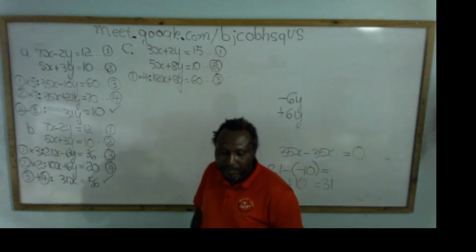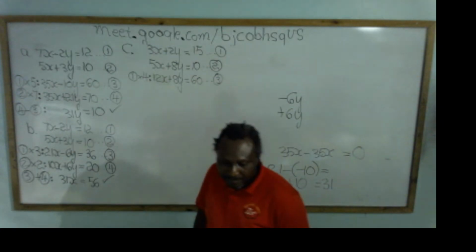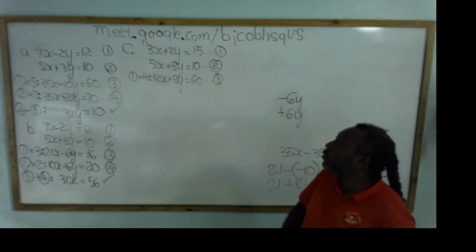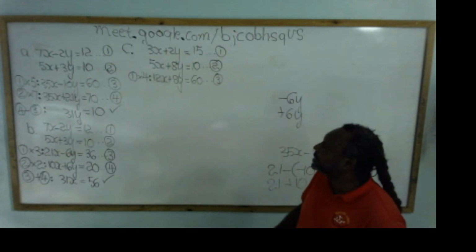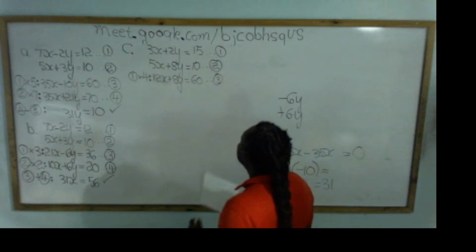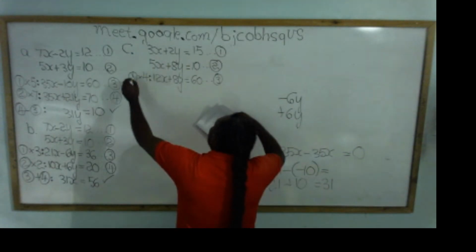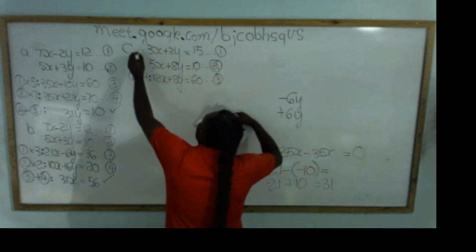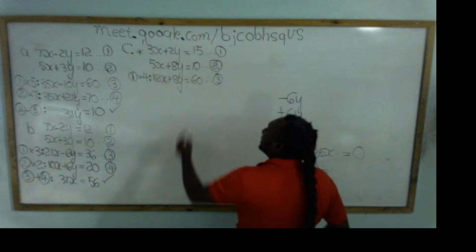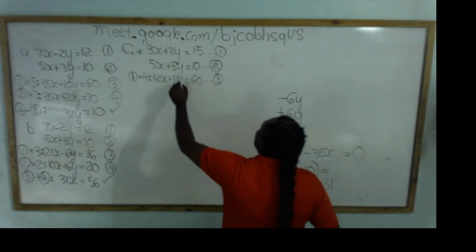Okay, let me just X out the equation that is not supposed to be there. Notice that we use equation 1, so equation 1 is out of the system. So the new system consists of these two equations, as they are.